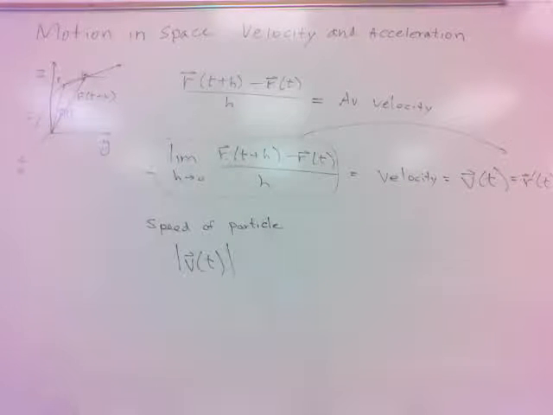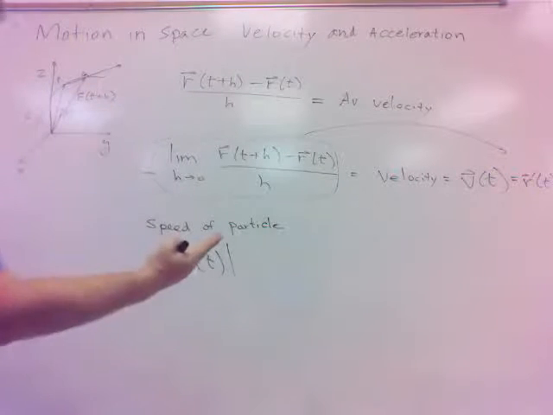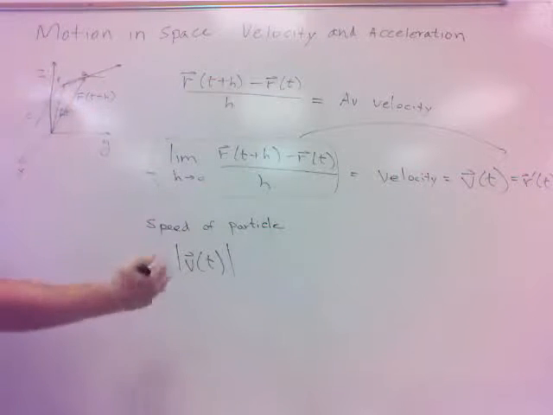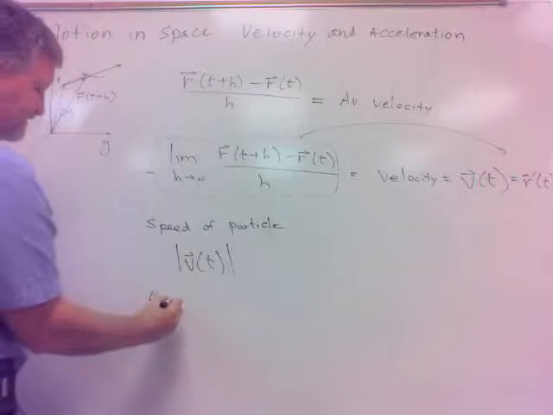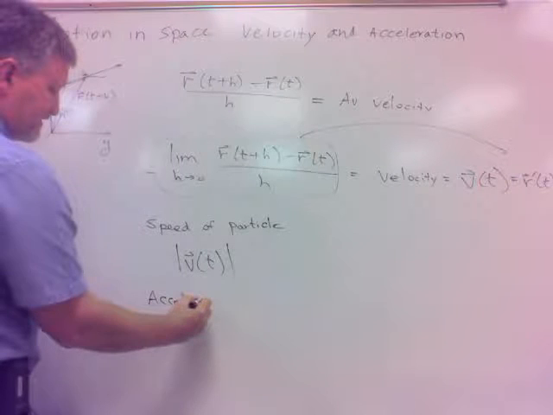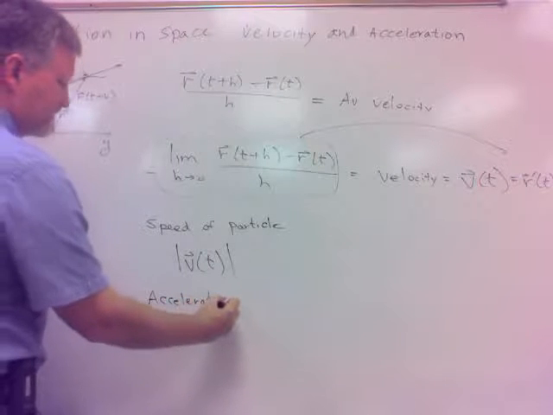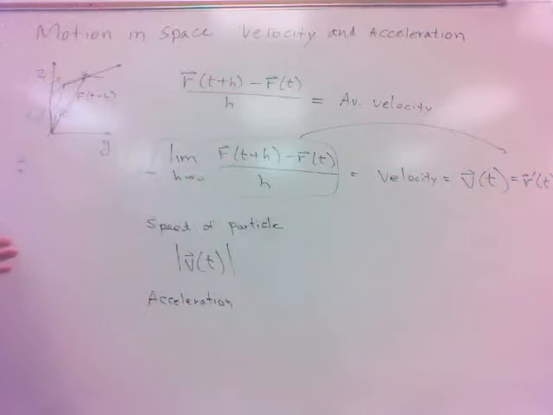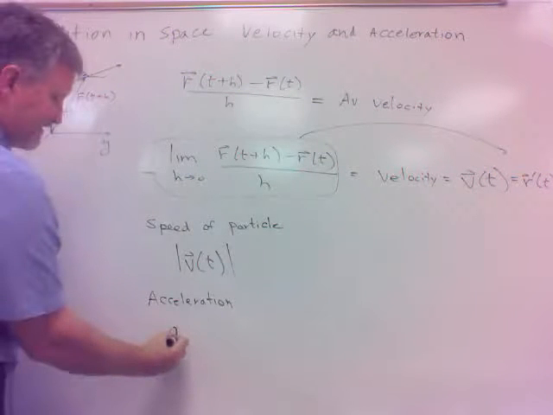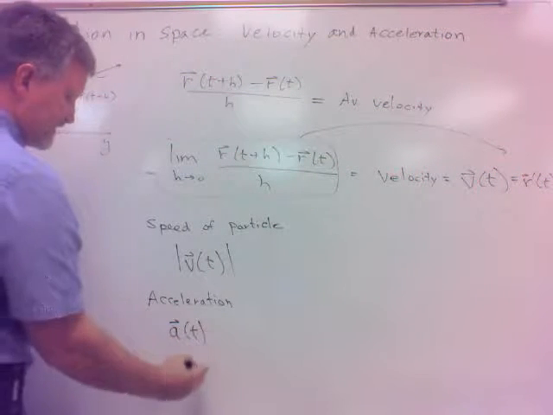Okay. All right, well, of course, tied into this then, if we take the derivative of the velocity vector, which would be the second derivative of the position vector, we've got our acceleration, right? Vector of acceleration.